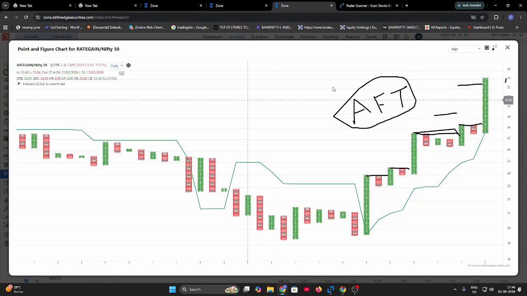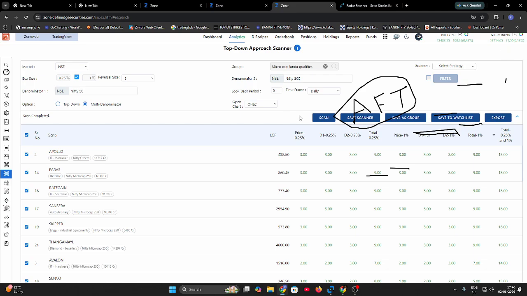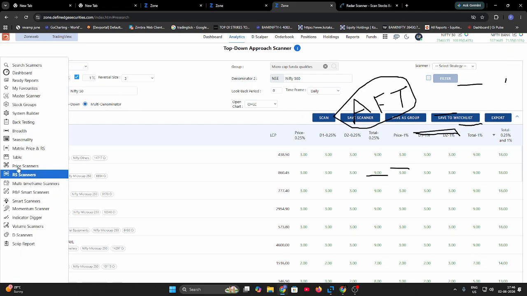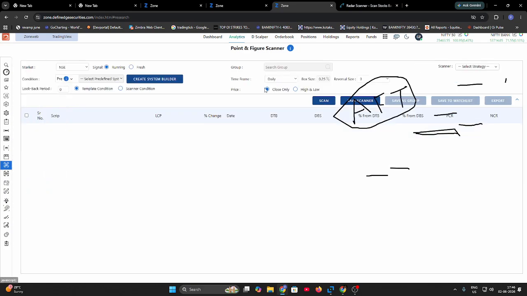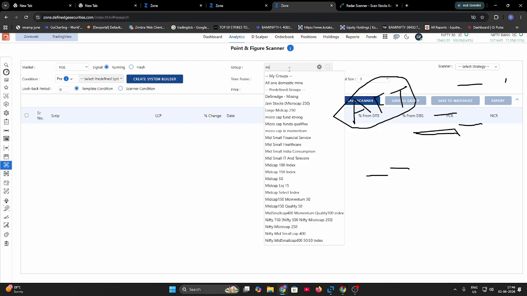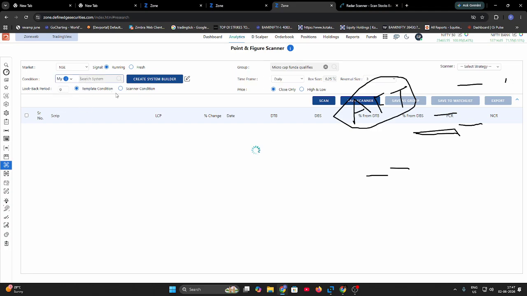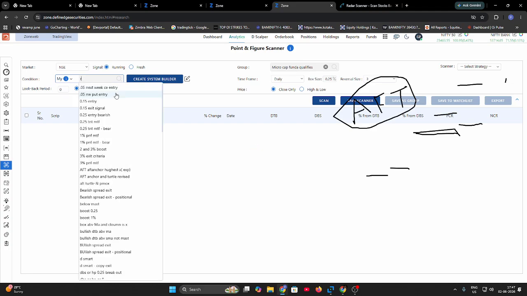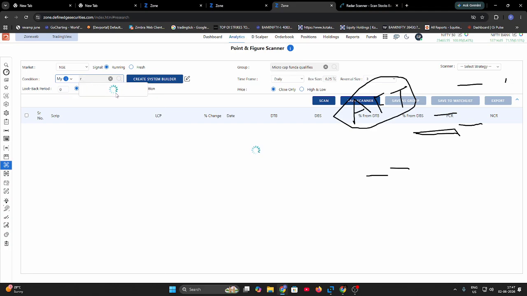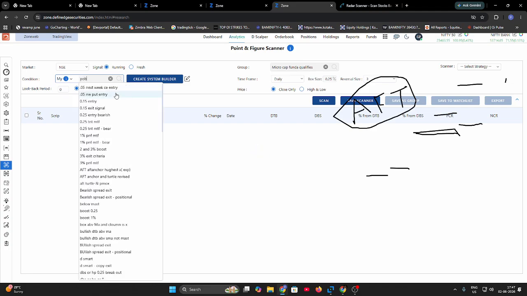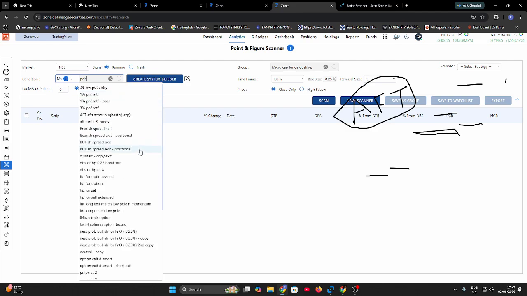So for scanning I'll go to the price scanner. This is the same micro cap funda qualifies group. I have created that scanner to see which are the stocks, so that it is easy for us to know the patterns and act accordingly.